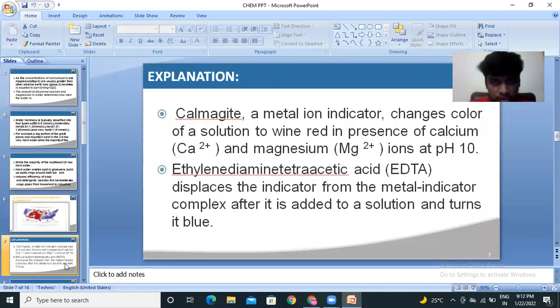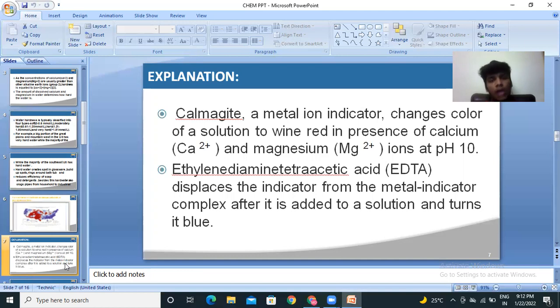This is some explanation regarding how we detect the hardness of the water. In the before slides we have seen what elements cause the hardness of the water, its consequences, the concentration of the hardness of the water, and the disadvantages of the hardness of water.